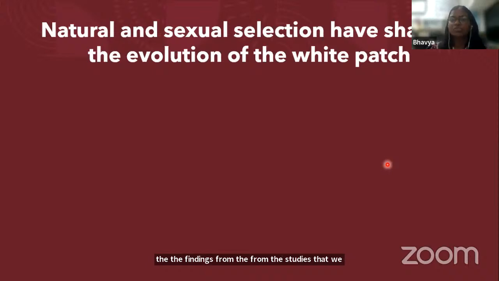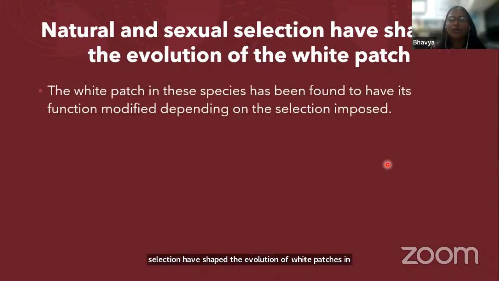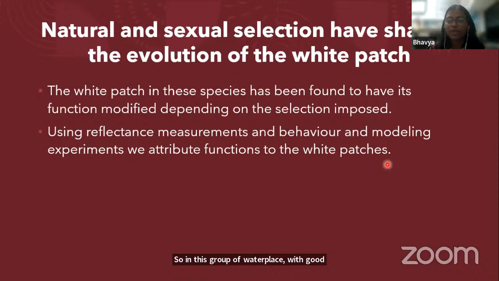And just to summarize the findings from the studies that we have conducted, both natural and sexual selection have shaped the evolution of white patches in this group of butterflies, with their function changing depending on what kind of patch they are. And using reflectance measurements and behavior and modeling experiments, we have identified the functions for these white patches.